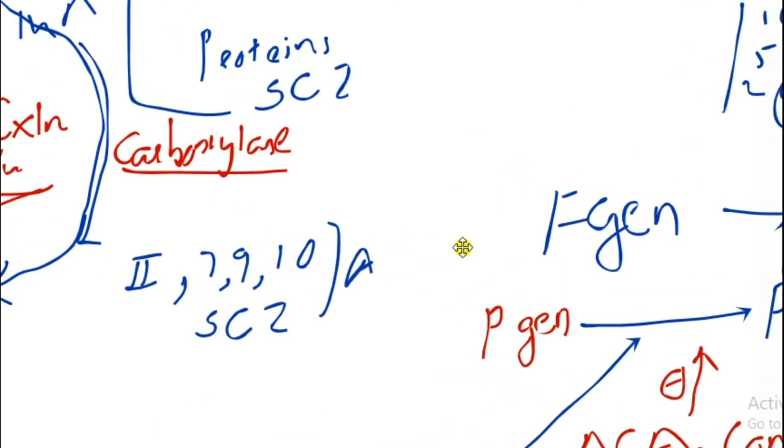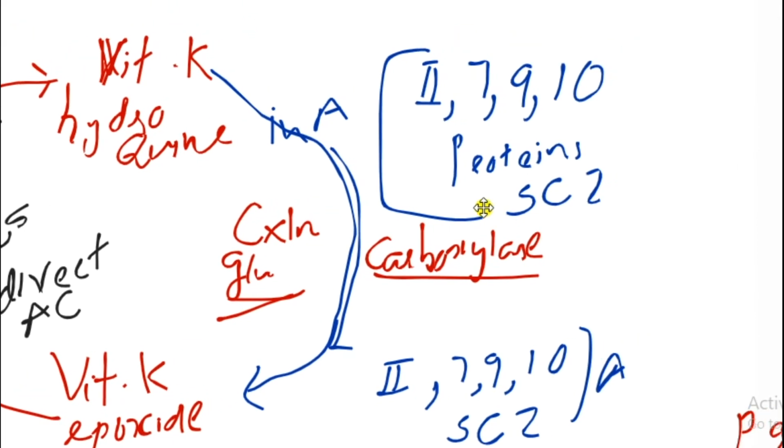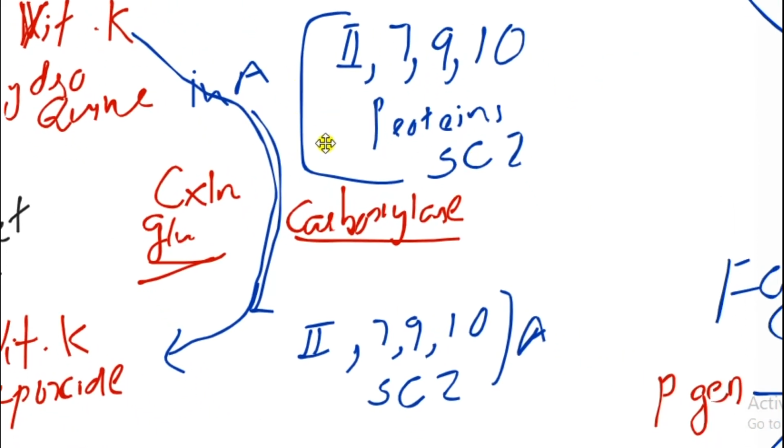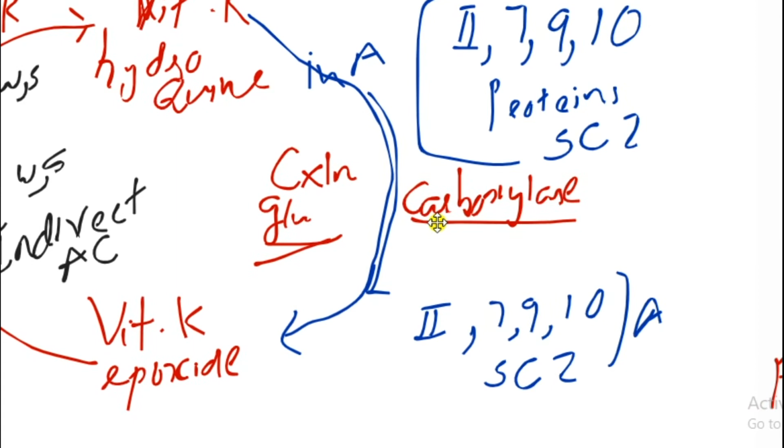And we are moving on to how vitamin K works. We know vitamin K helps in the activation of factors 2, 7, 9 and 10 and proteins C, S. These are inactive, and they become activated by the enzyme carboxylase with carboxylation of glutamic acid, and along with that, vitamin K hydroquinone is converted to vitamin K epoxide.